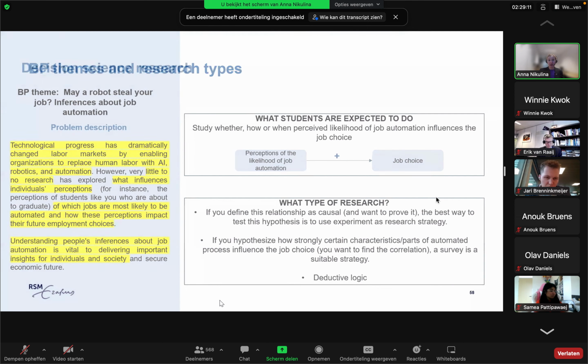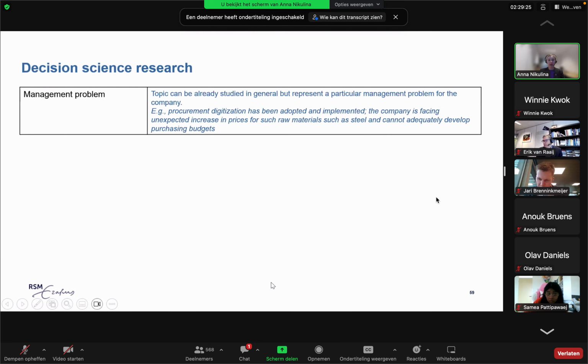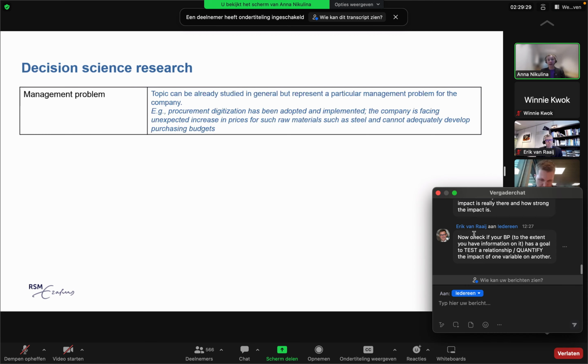Moving on to the decision science research, again, the newly introduced type of research, which I really invite you also to spend some time after to get a feeling, do I understand it properly? If we talk about, okay, so how can a problem look like from the perspective of decision science research? So let's say that we have a well-studied topic in general, but there is a particular management problem for a particular company.